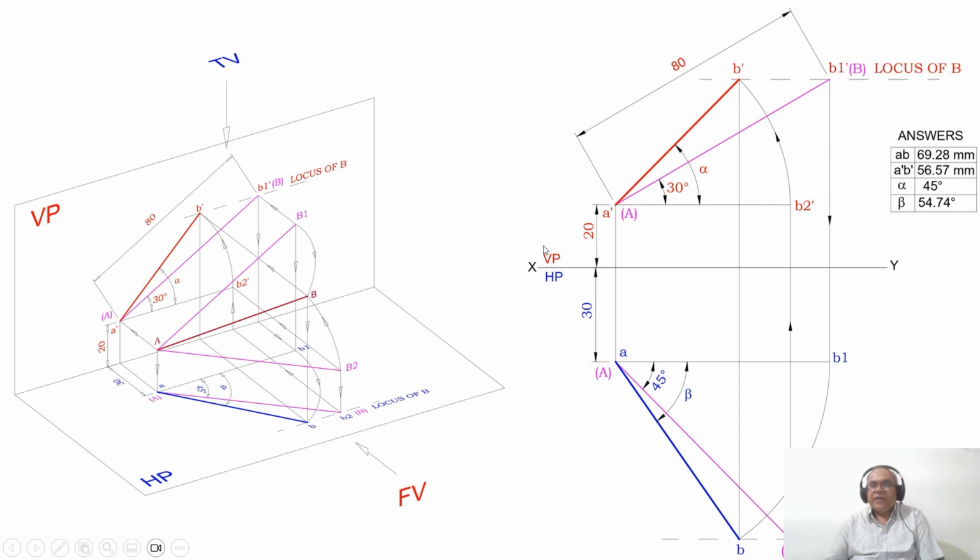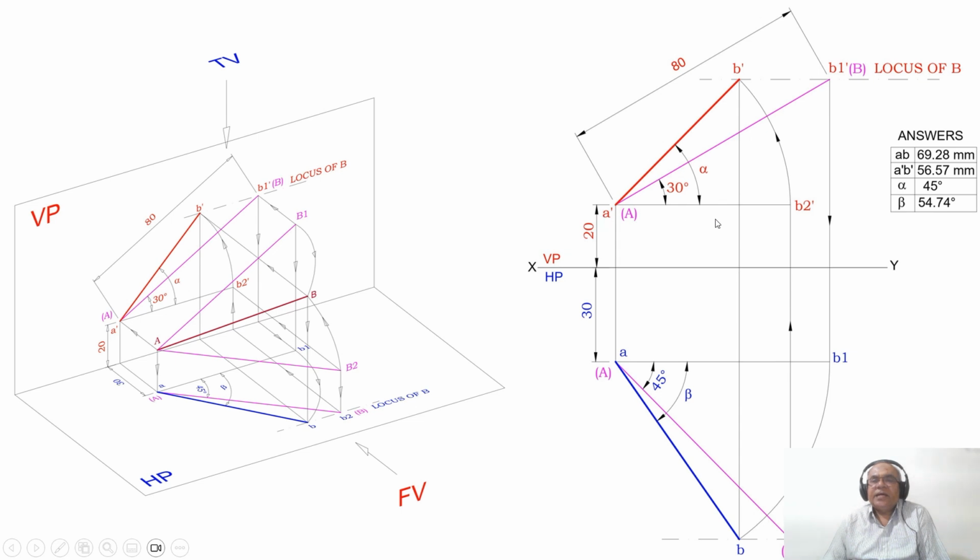So that is the one which we have shown here with A dash as center, taking the radius of A dash B2 dash. So here A dash is 20 mm above HP, B2 dash is also above HP by 20 mm, but B2 dash is not above HP by 20 mm because B2 dash is above HP by this distance, due to the presence of the locus of B in the front view.